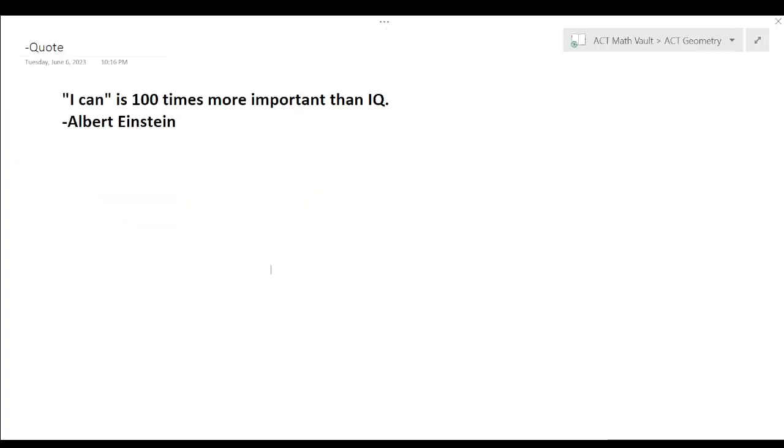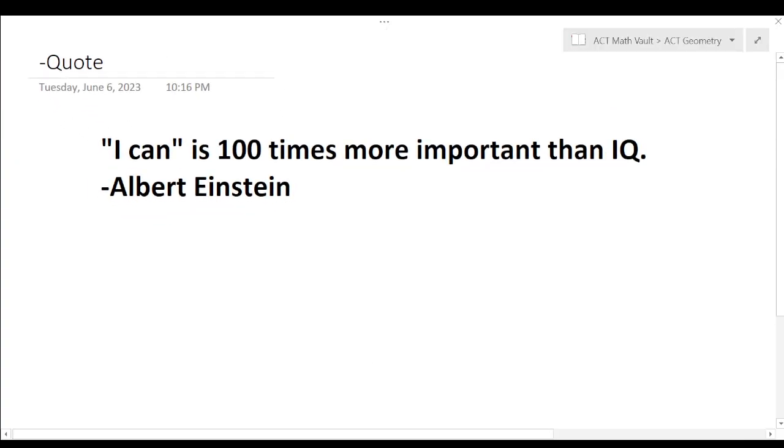Okay, how about a quote for some inspiration? I always talk about this growth mindset concept in class, and it's really important for students to realize that no matter what your circumstances, you can always put your mind toward whatever you want to achieve. And I love Einstein's quote, "I can is 100 times more important than IQ."